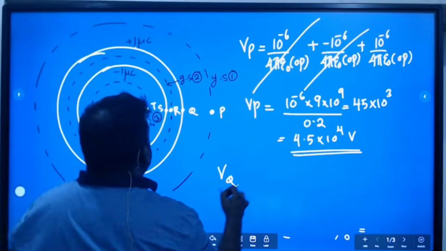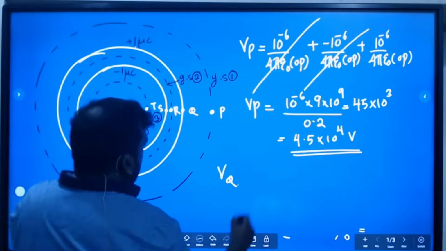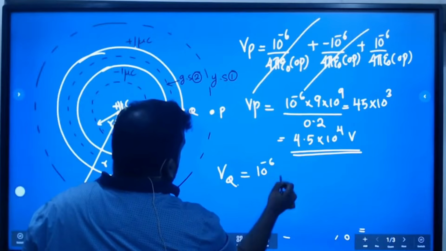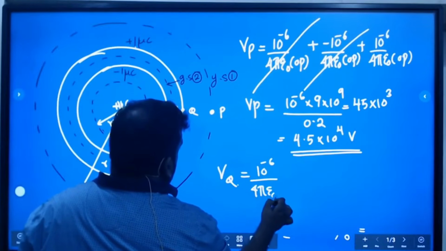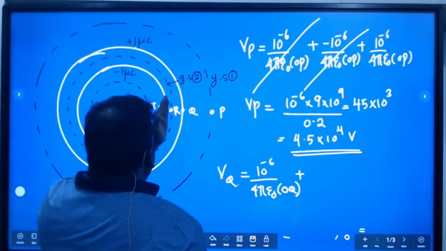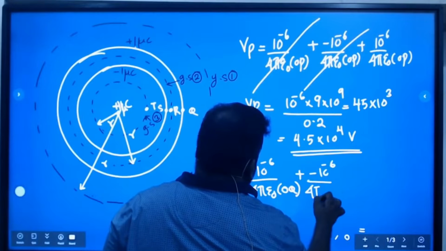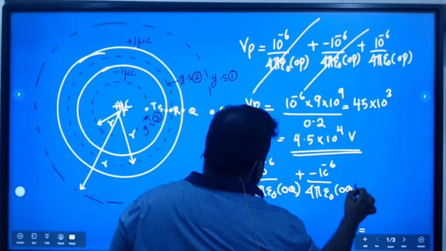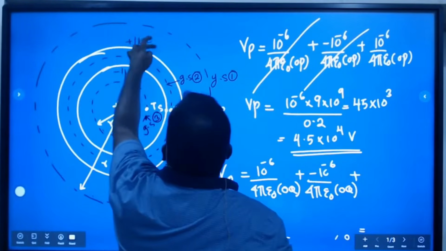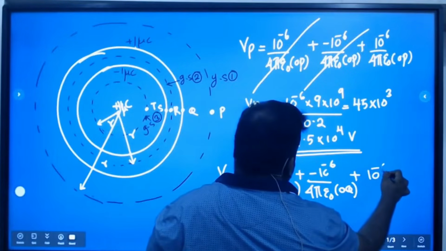Potential at Q. Where is Q? Outside. Take it like a point charge. 4 pi epsilon naught, distance OQ. Keep the 1 microcoulomb on the surface at the center.